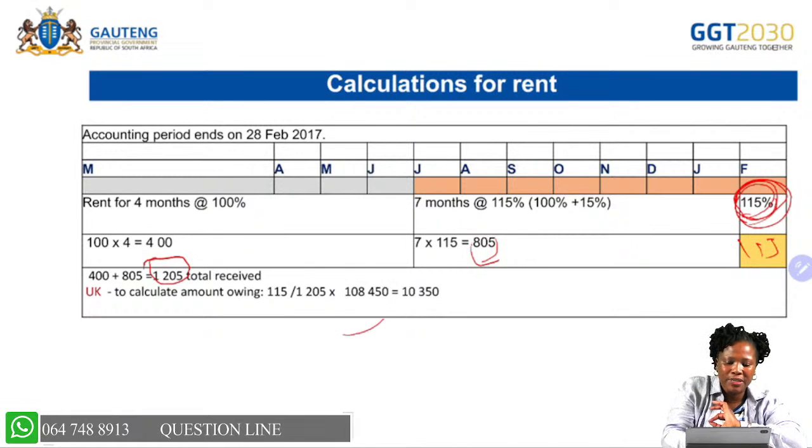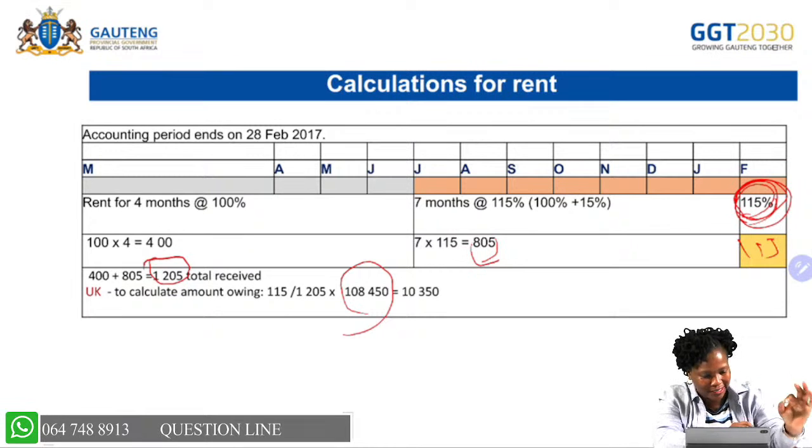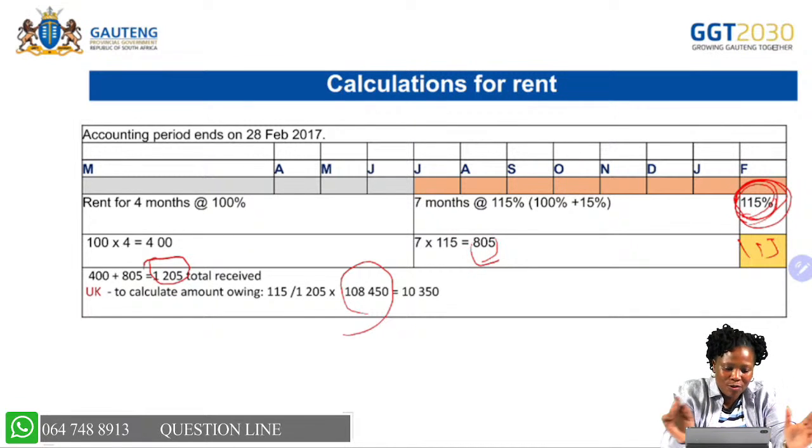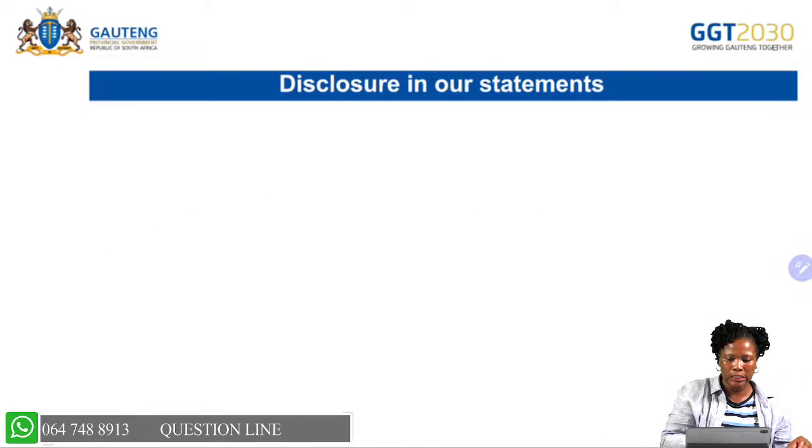It is not represented in the 108,450. So our calculation now is going to be 115 divided by 1205 times 108,450, and that's going to give us 10,350.